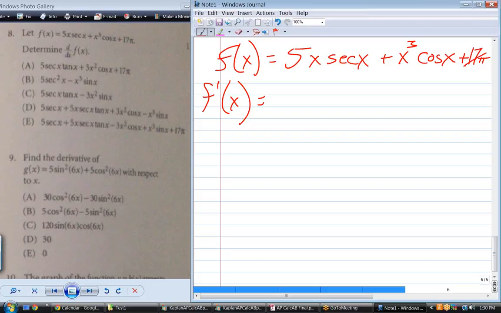All right, we know that goes to 0. That's a number, not a variable. So the only part we have to differentiate is this part and this part. Which rules are we going to use? Product rule. Okay, let's do the first part. What's the product rule say?